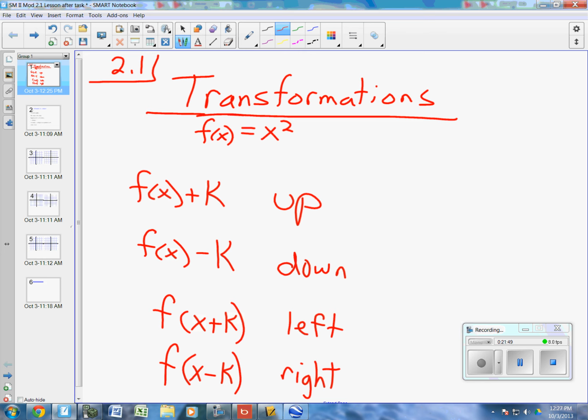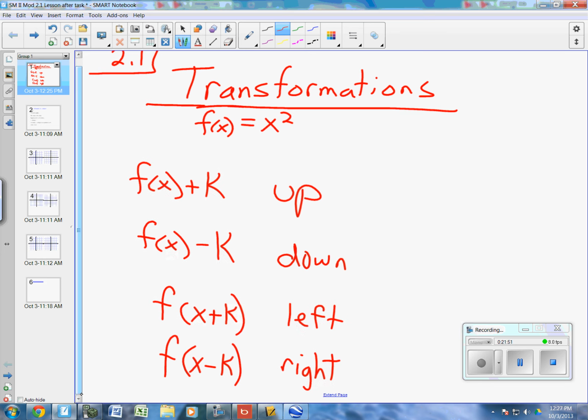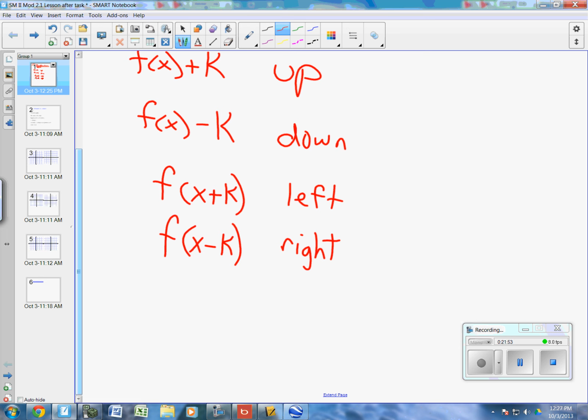And last one. What happens when we times k times f of x? Well, if k is greater than 1, it makes it narrower, okay? It's a steeper slope, right? Steeper slope or narrower.